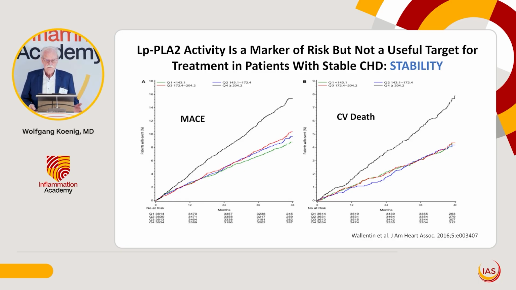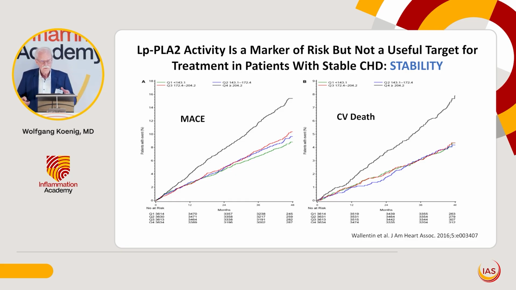This was replicated more recently, 10 years ago, not 20 years ago, in the already mentioned STABILITY trial. You can see MACE and CV death, and you will clearly appreciate that the top quartile of Lp-PLA2 in this large trial with about 15,000 patients was predictive for outcome. This was not the case with the lower quartile.